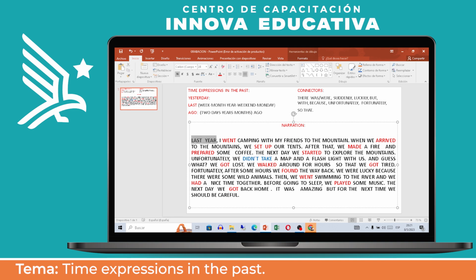For example, in this narration, I am using the time expressions or the connectors. This connector, after that, después de eso, there is another, unfortunately. We have fortunately. Among others.